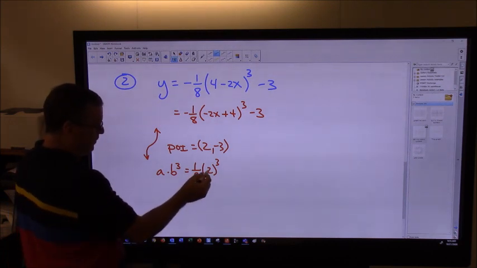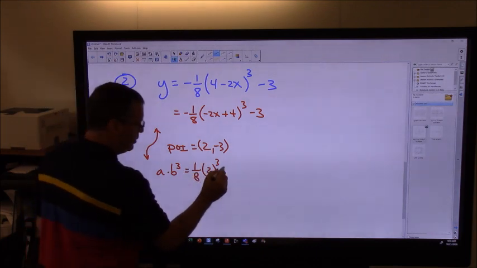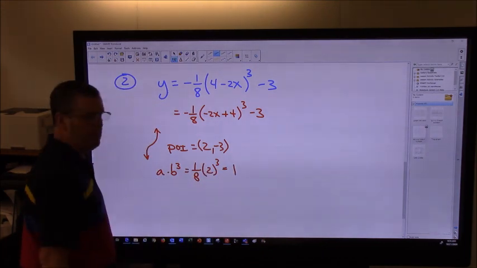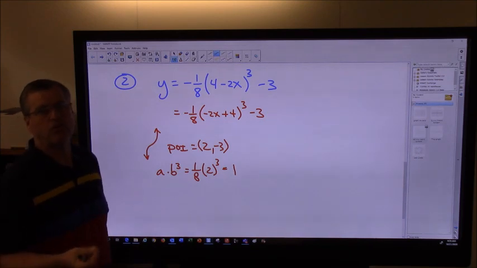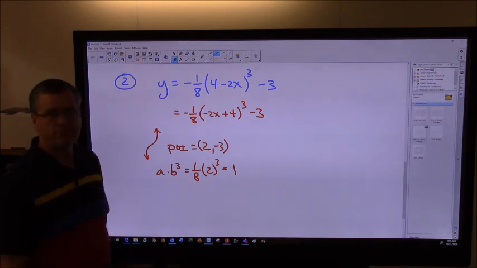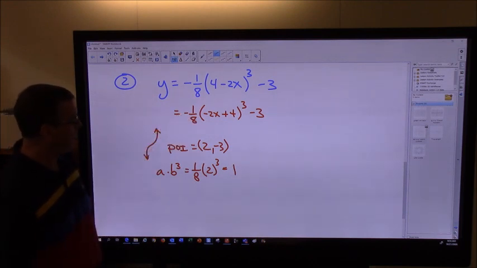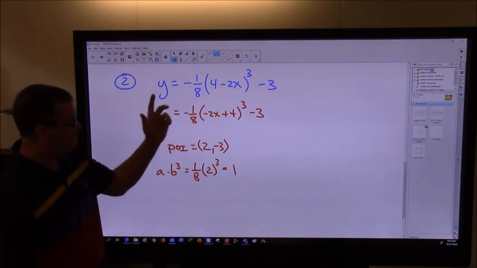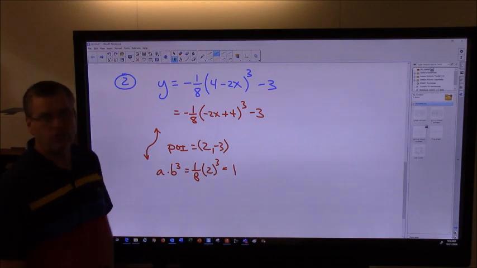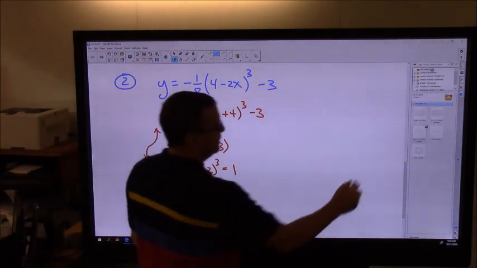So if I cube this first, I get 8. 1/8 times 8, that would just be 8 over 8, which is 1. So that means this is a normal cubic function. Right? It looks like the parent function, even though we got two negative signs. Even though I got a fraction and another number, it's just a normal cubic function.